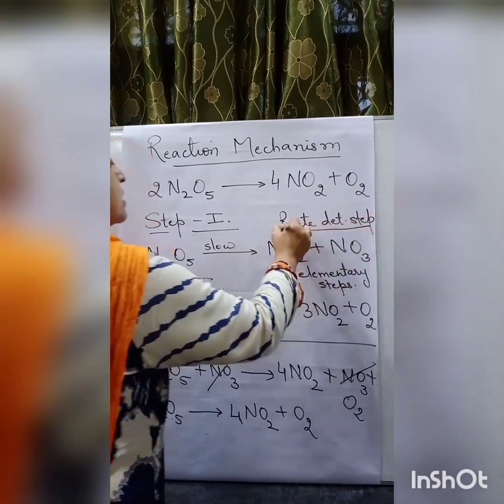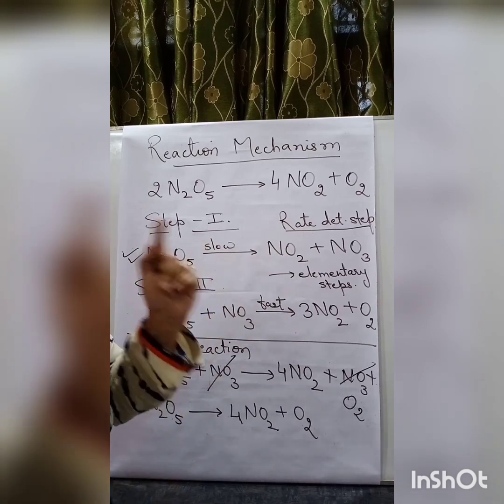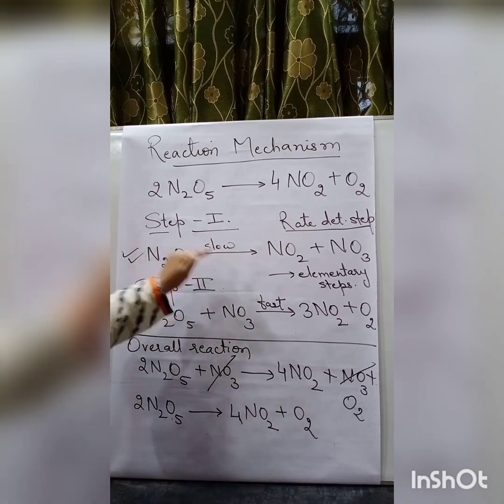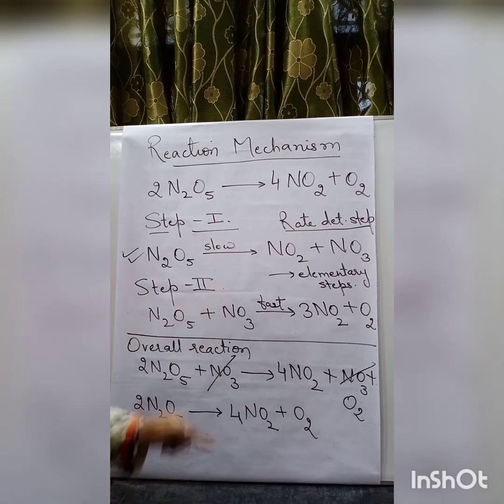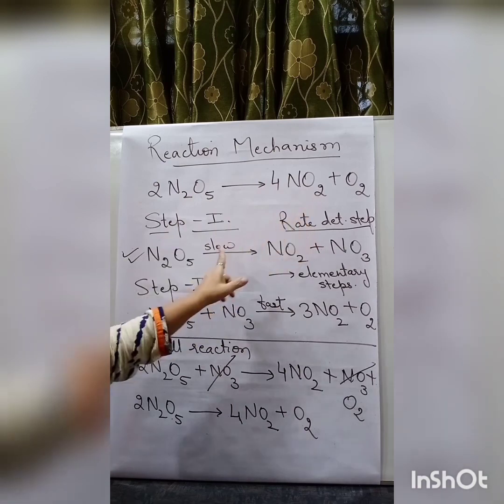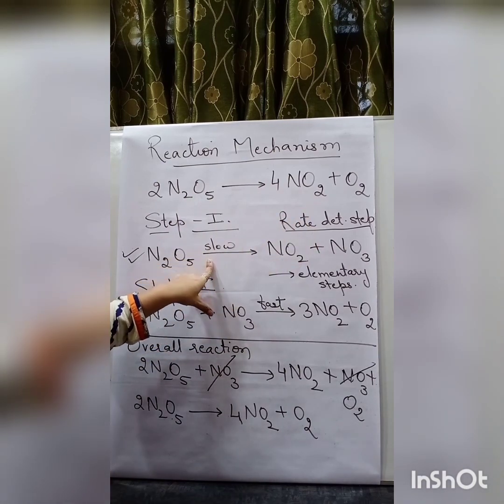Suppose the reaction is taking place in 5 steps. Out of those 5 steps, definitely one of the reactions has a slow rate and the other 4 have a fast rate. So we always determine the rate of reaction by the slowest step.